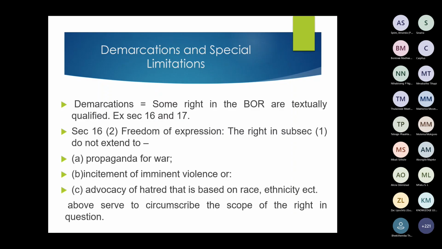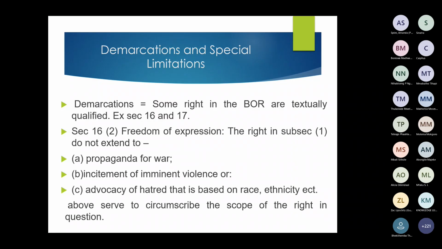So obviously, I just wanted to highlight this to you as well. You've got the limitation clause, Section 36 of the Constitution, but we forget sometimes that some of the rights in the Constitution are limited through demarcations and special limitations. Some of the rights in the Bill of Rights are already textually qualified.